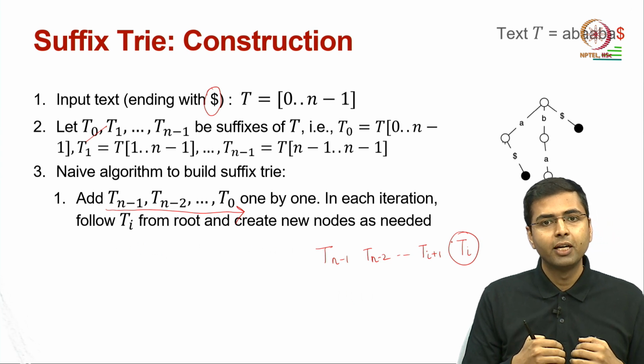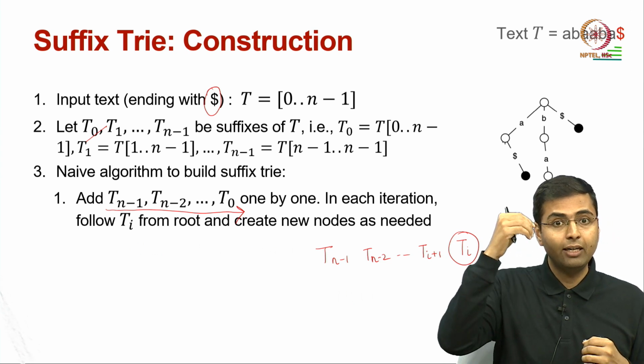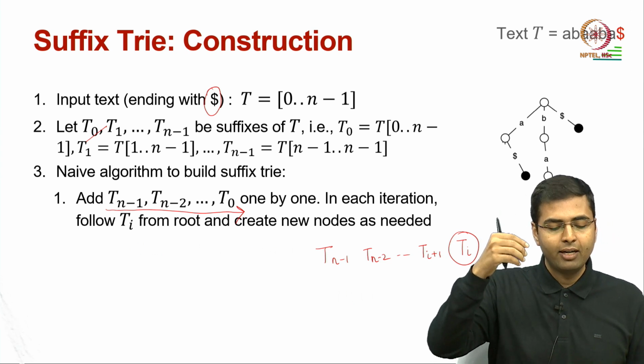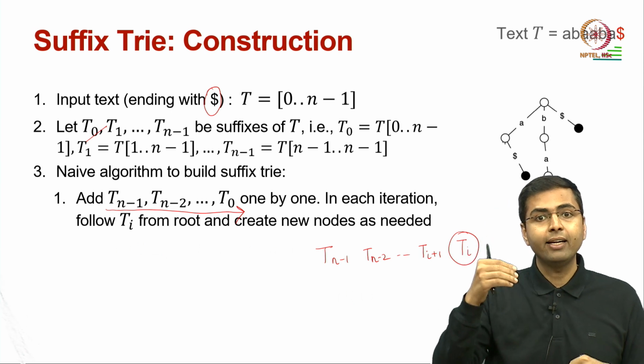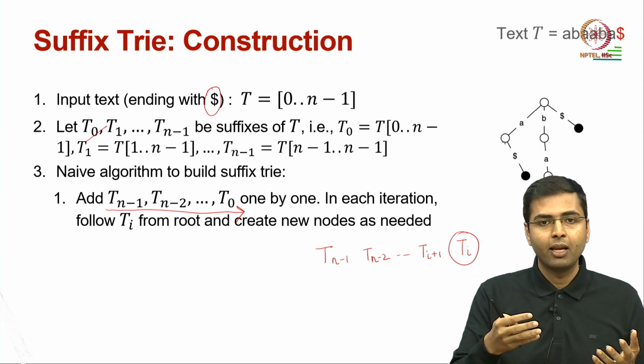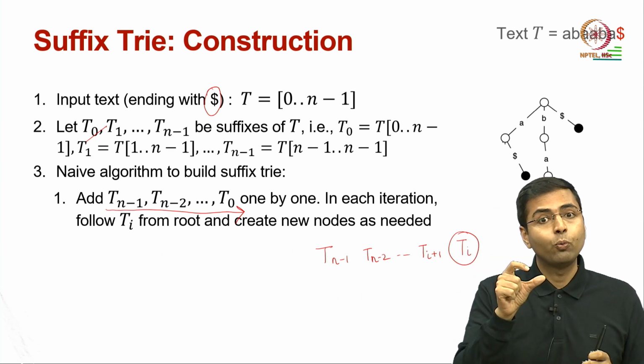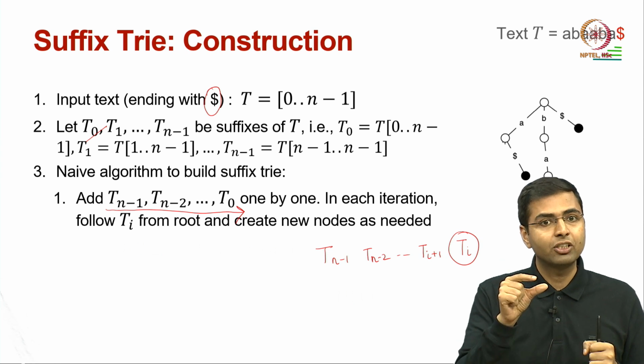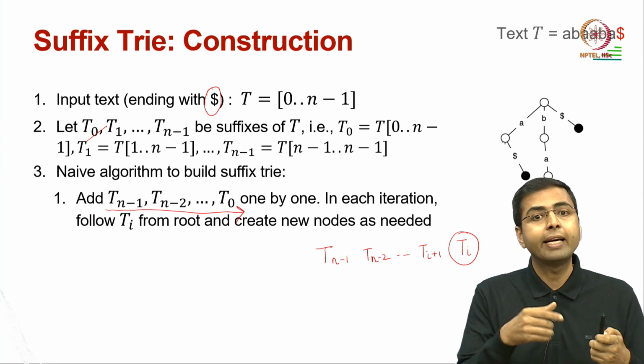First, think of Ti as a pattern and start matching its characters in the tree. At the point where we see the first mismatch, from there on we have to start creating new nodes.